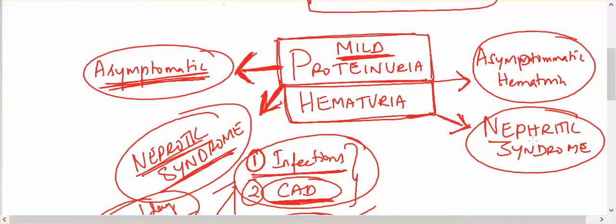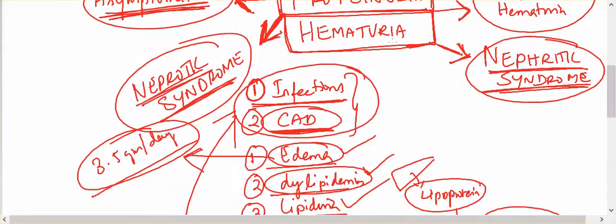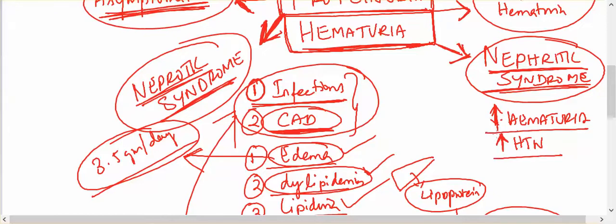So nephritic syndrome means there is severe proteinuria, severe hematuria, along with severe hypertension, and there will be coexisting azotemia.